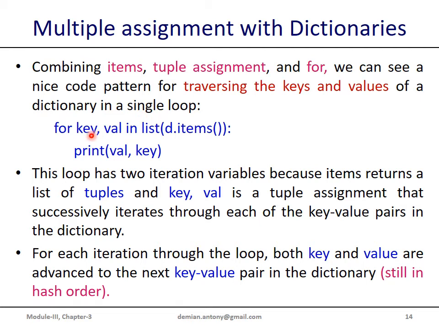For each key and value, there is a tuple that is present in the list of tuples. Print the key and value, or print value or key for each of the items.